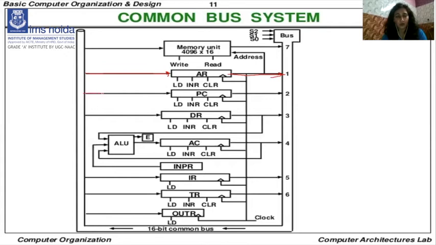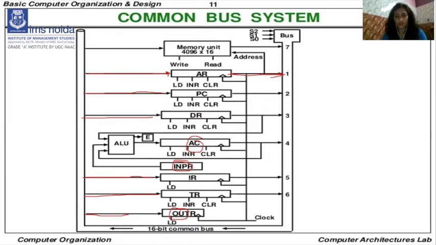Like the program counter is also attached with the bus, the data register is also attached with the bus, the instruction register is also attached with the bus, the temporary register is also attached with the bus, but the accumulator is not directly attached here. The input register is not directly attached with the bus, and the output register is only taking the data, but output is not there. So these three registers are working differently as compared to the other ones.